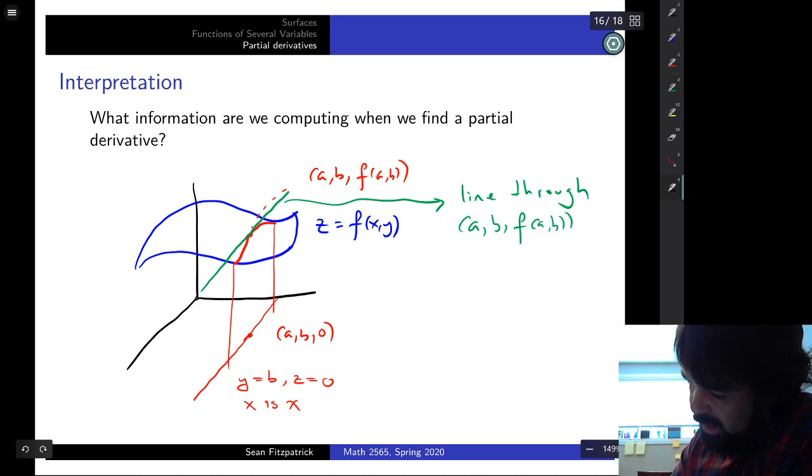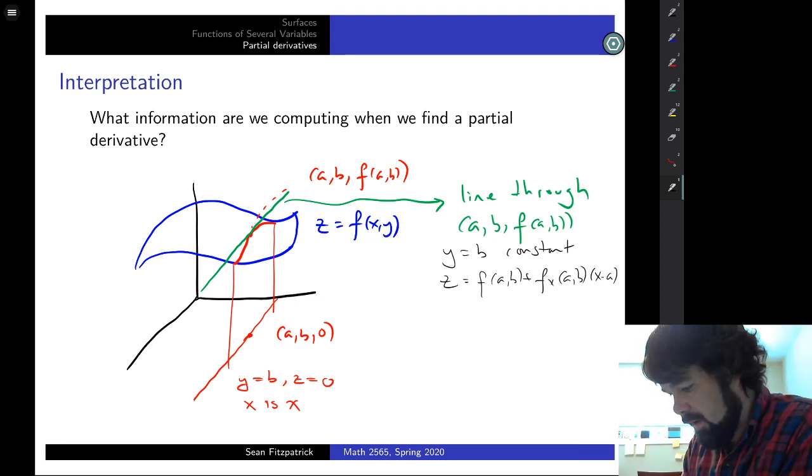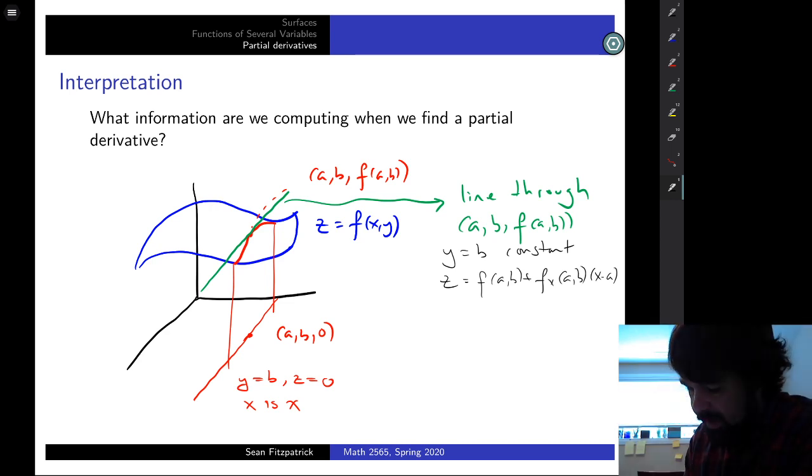And what I can tell you about that line is that y equals b is constant, and z is going to be basically f(a,b) plus the slope. And the slope is that x partial derivative. So we get something that looks like the equation of a tangent line, but it's in the xz plane.